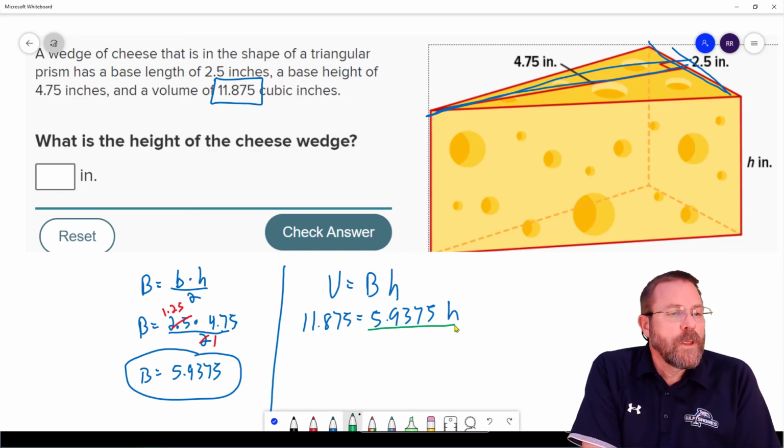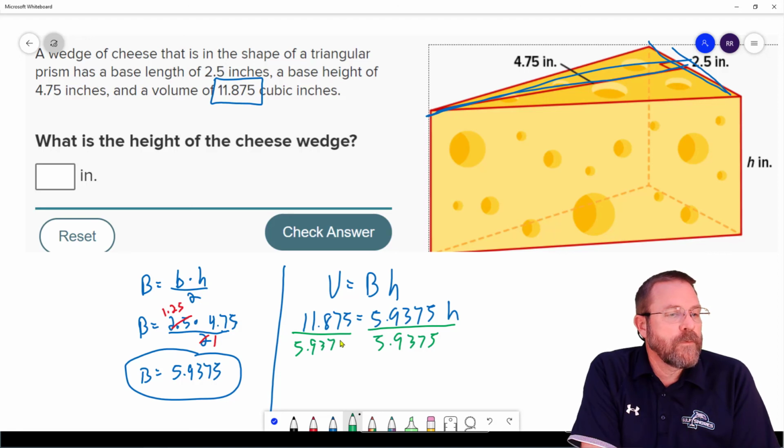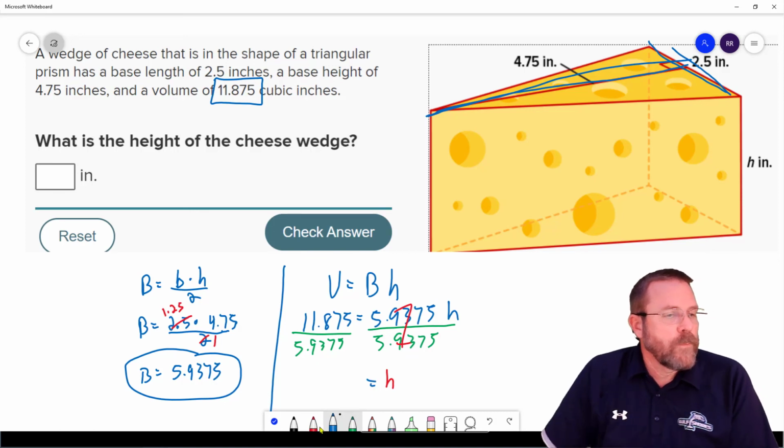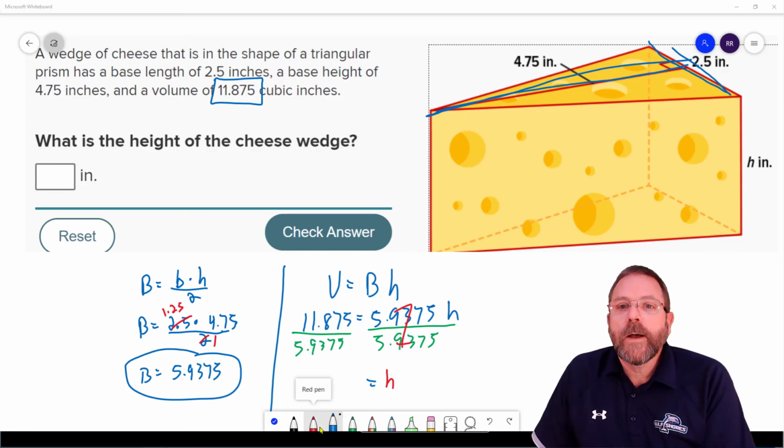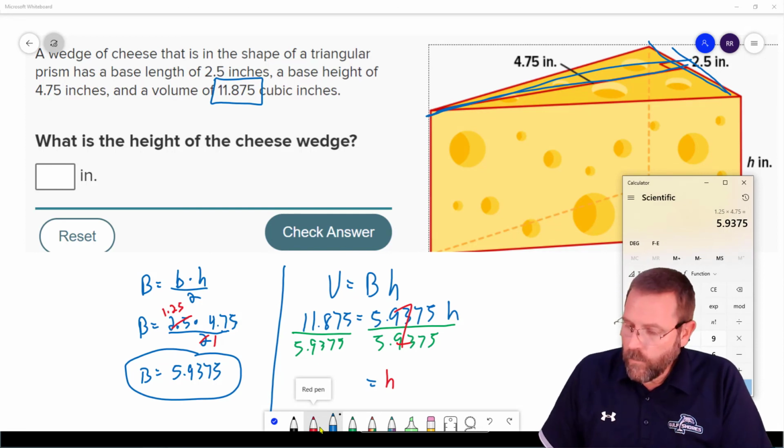Super simple. Divide both sides by the 5.9375, and it's only simple because we're using a calculator on these. These divide out becoming 1. 1 times the height is the height, and then from there I'm going to go back to my calculator. I'm going to put 11.875.